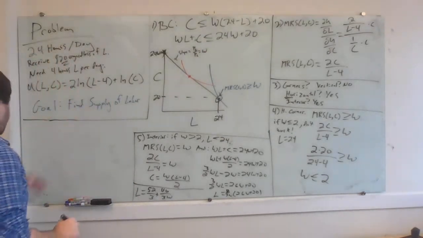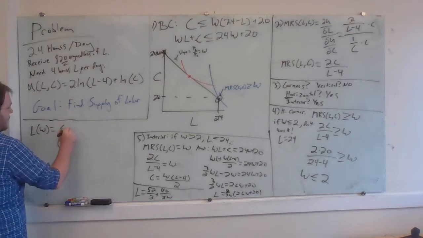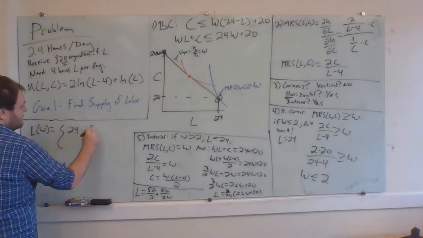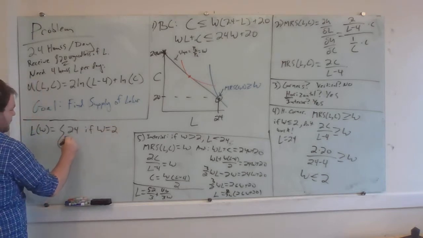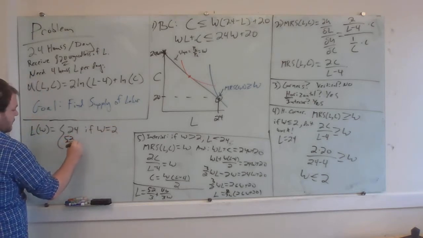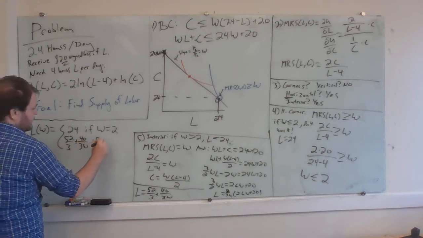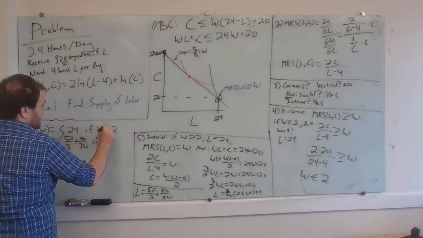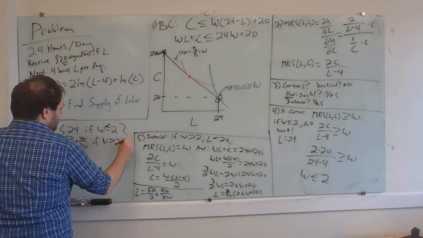I'll put over here, L of W is going to equal 24 if W is less than or equal to 2. It's going to equal 52/3 plus 40 over 3W if W, this should be a less than or equal to, that's not super clear, if W is greater than 2.